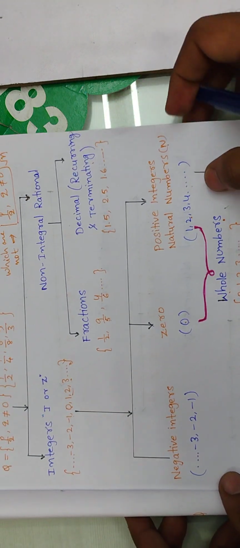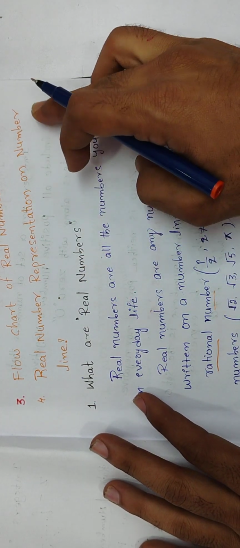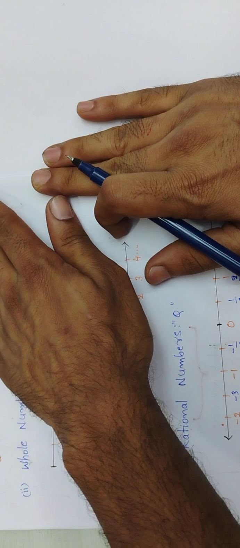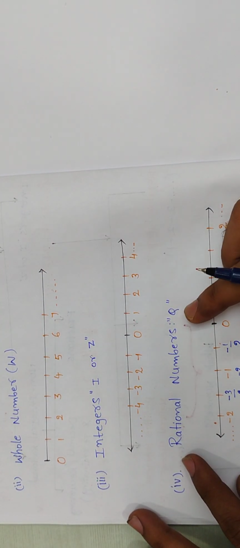Now come to our fourth topic: real number representation on the number line. We know real numbers include natural numbers, whole numbers, integers, and rational numbers.